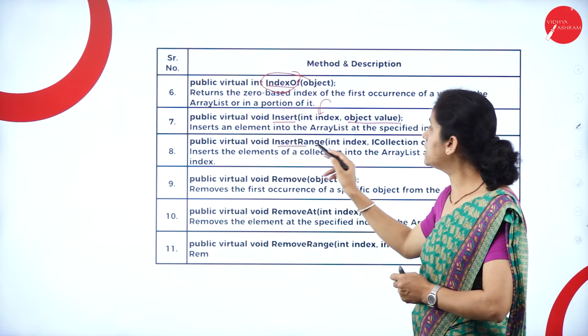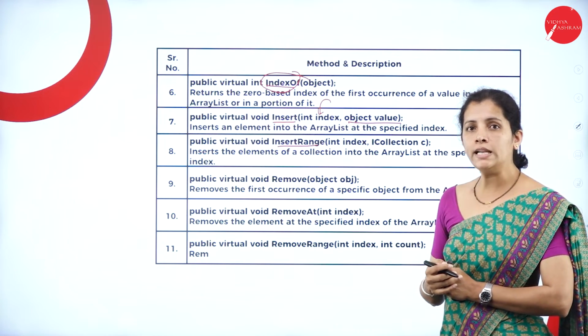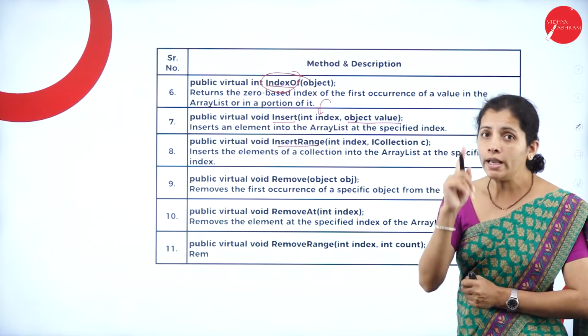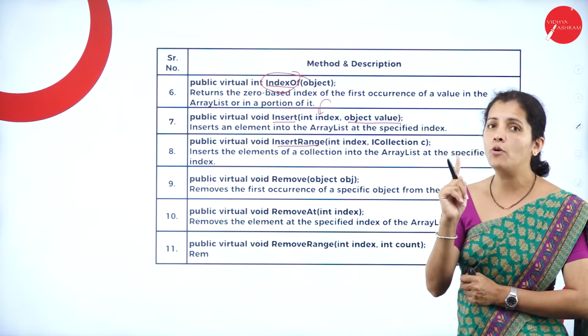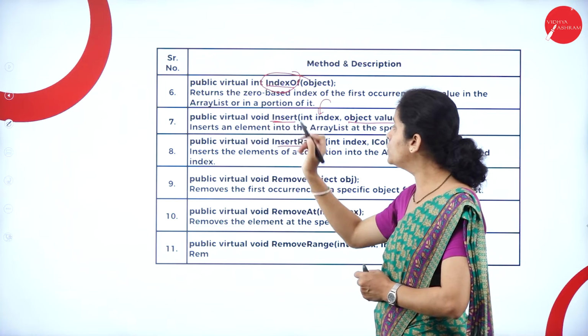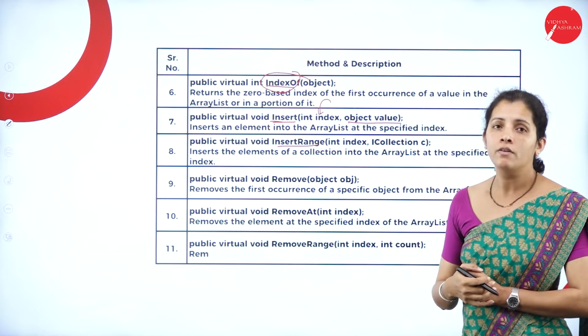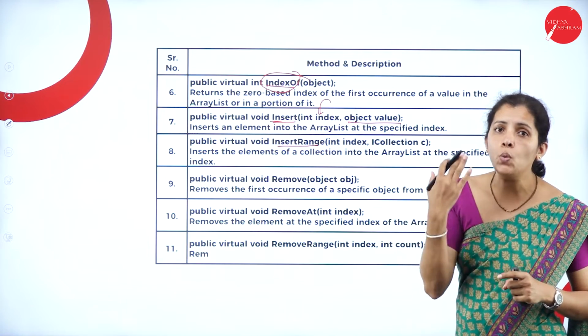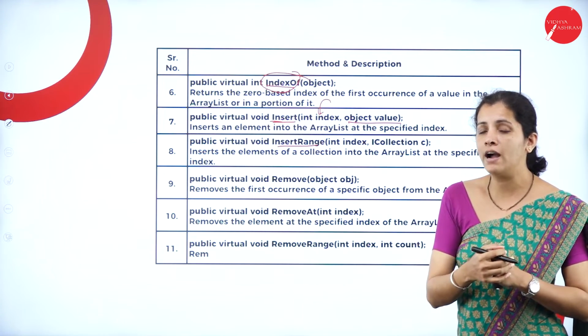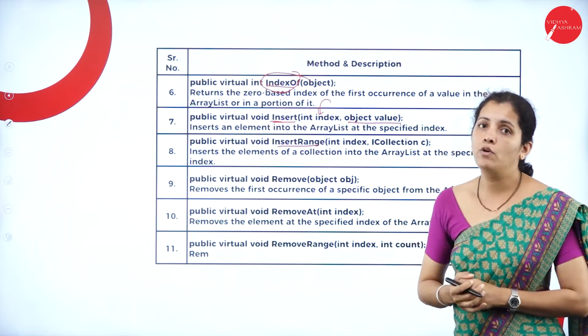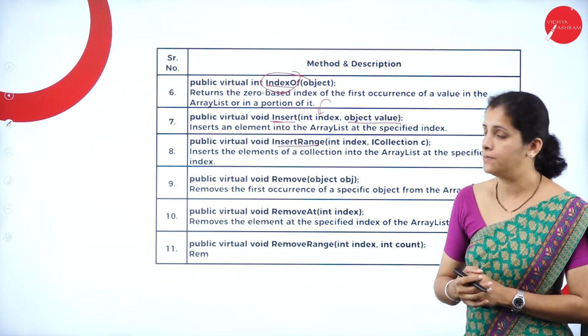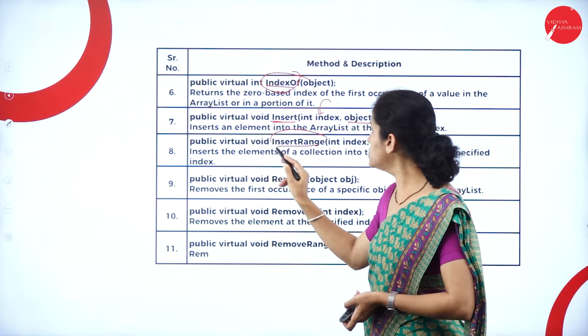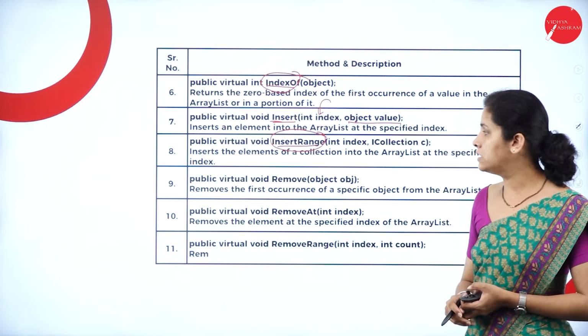And InsertRange. Dear student, when I have to insert only one object, I can use the Insert method. Suppose I want to insert more than two values and specify from where to where I want to insert the objects, at that time I use the InsertRange method.